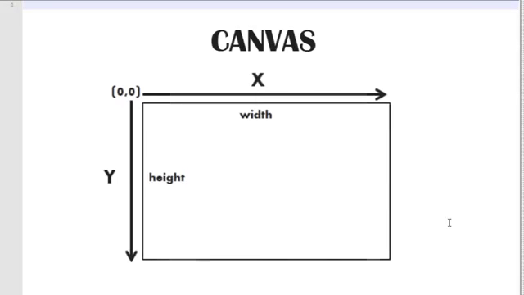So the first thing I want to cover is canvas. So basically a canvas is a rectangular box where you can draw things, draw pictures, draw a rectangle, and draw text. And this is the support, the visual support that we will use with our game. In order to add a canvas into our page, we will need to use this line of code.